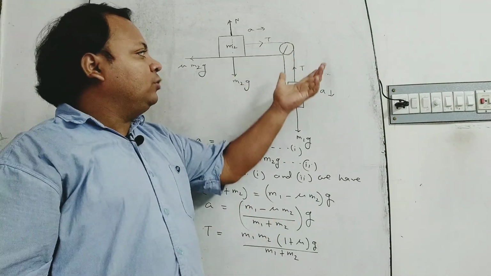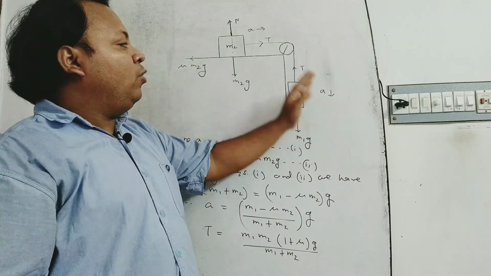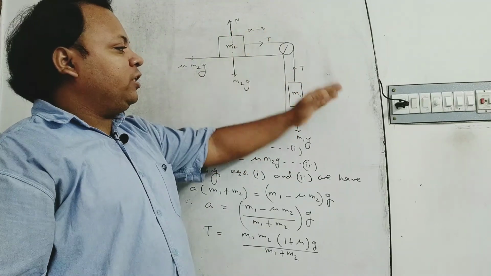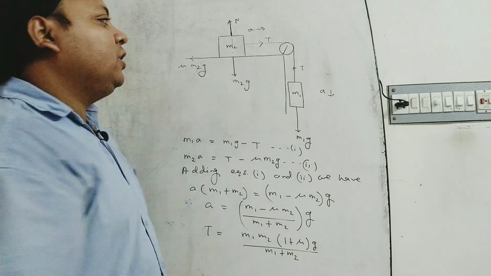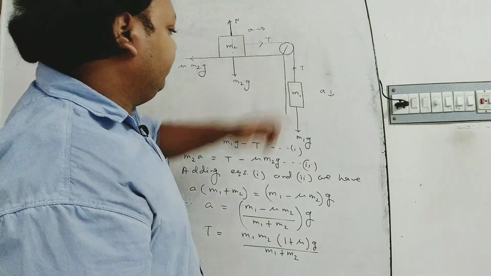Now the whole system moves, that is the body m1 and the body m2 move with an acceleration a. Capital T is the tension of the string.